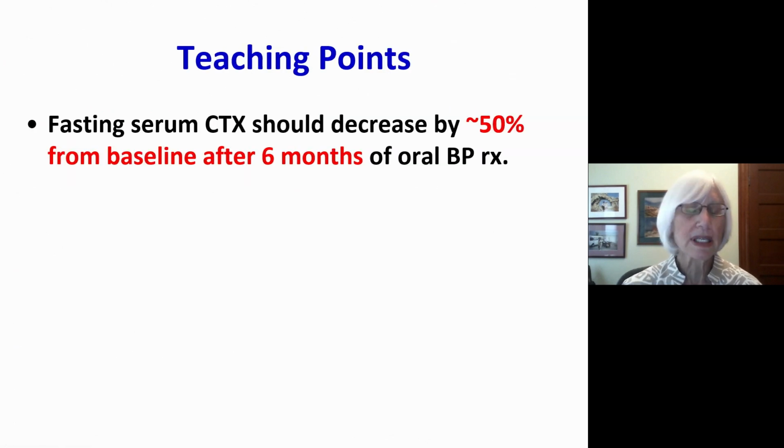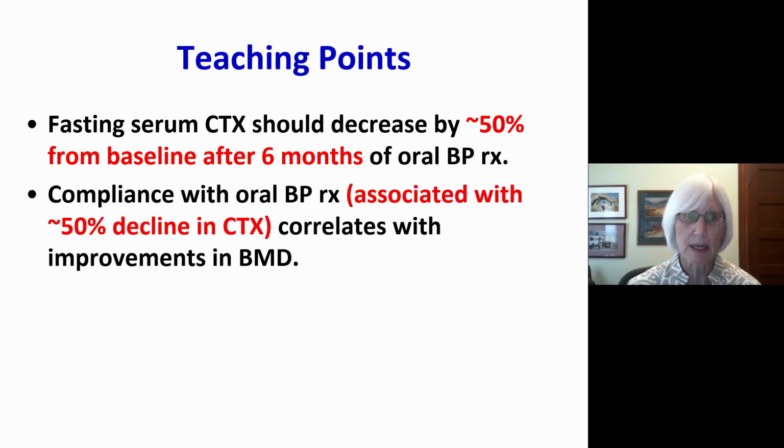So the teaching points about checking markers: a fasting serum CTX should decrease by about 50% from baseline after 6 months of taking a potent oral bisphosphonate therapy. Compliance with an oral bisphosphonate, which is associated with this 50% decline in CTX, correlates well with improvements in bone density.